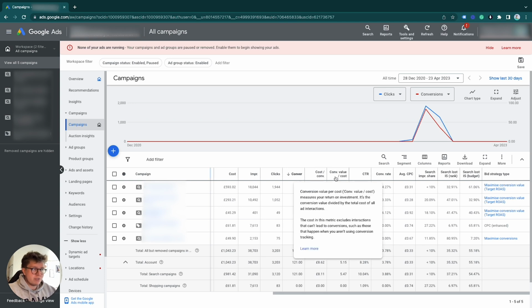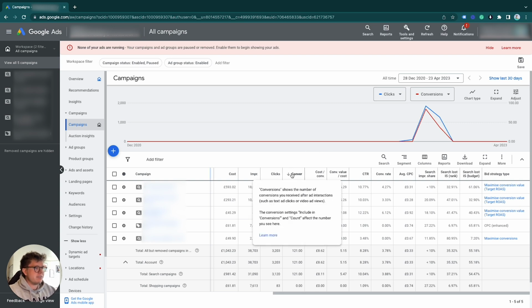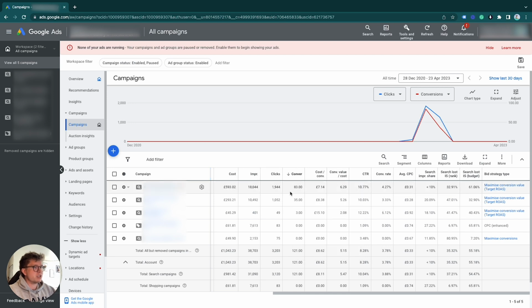This is what I do, and it always seems to work very well. Typically, I focus on conversion value divided by cost, which is our ROAS. So let's run through these. I typically filter by conversions and look at these three directly first. For this campaign, we have 83 conversions from around £500 at a £7 cost per conversion, which could be slightly high for this client.